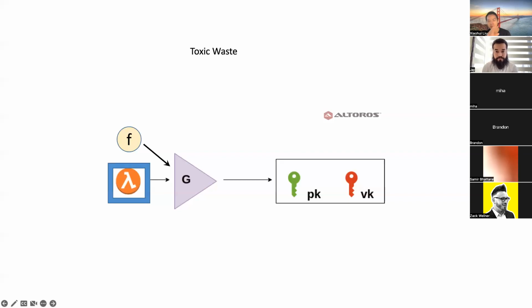Usually when you run this setup, it's by some trusted third party, and he runs through this using the ZK SNARK and can produce a proof. If Bob checks the proof is good, he's sure that Alice actually knows the solution. But here's the trick. If Alice somehow gets access to the lambda, even if she doesn't know the solution, she can still produce a valid proof. So we don't want that to happen.